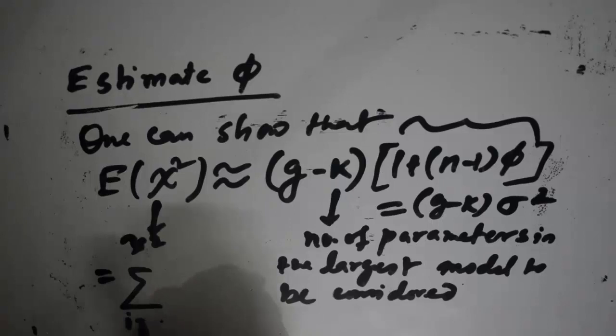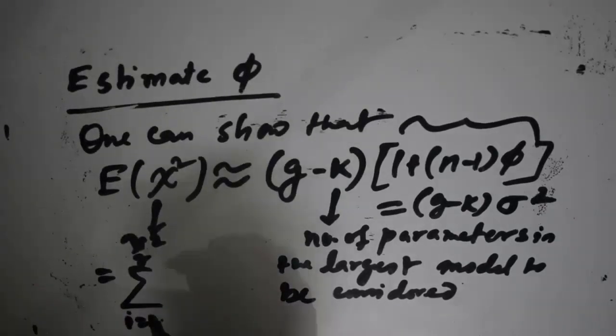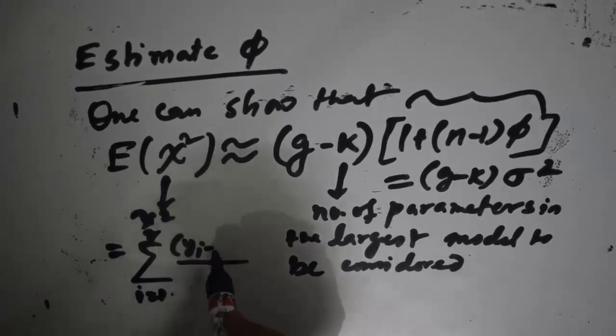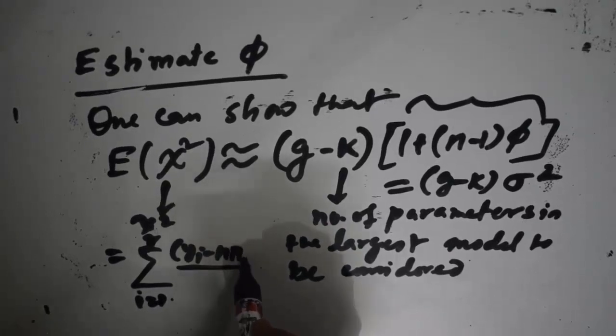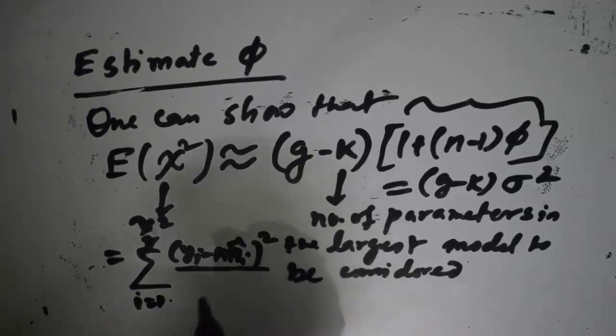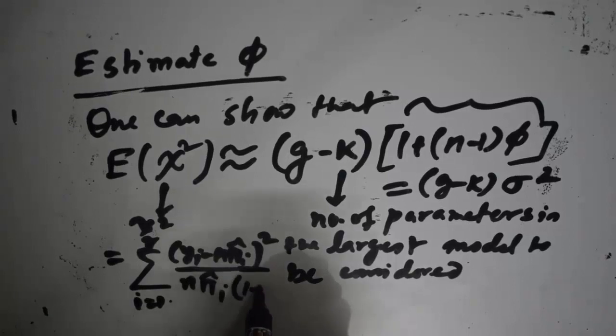equal to this factor I already defined in my previous video, the sum over i from 1 to small g of (yi minus n pi i hat) whole square divided by n pi i hat (1 minus pi i hat).